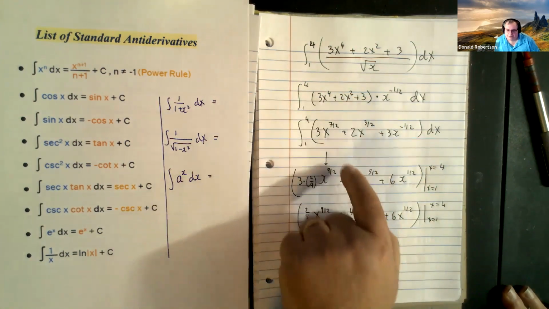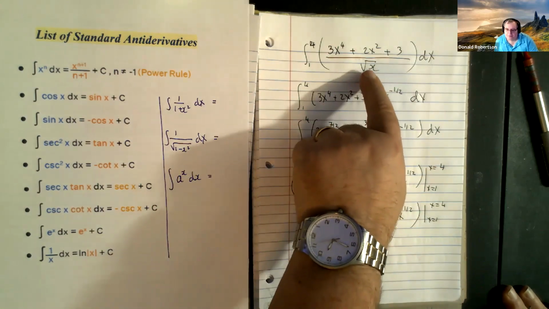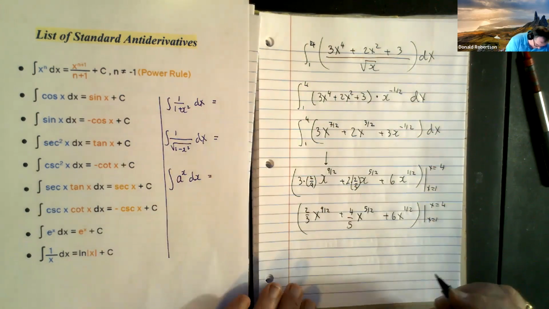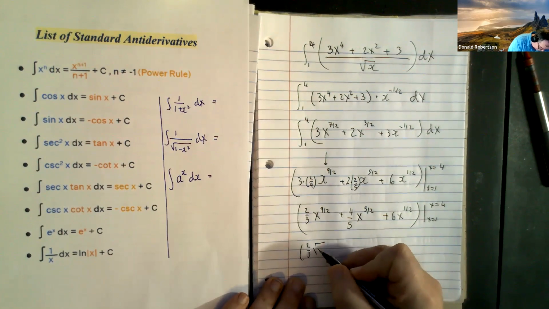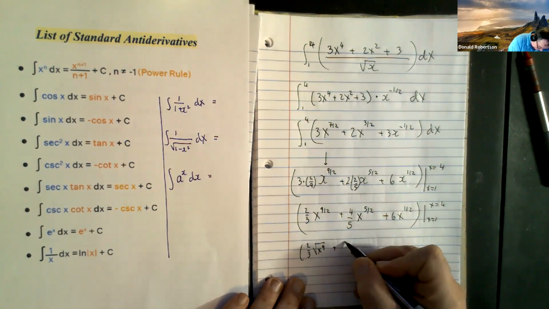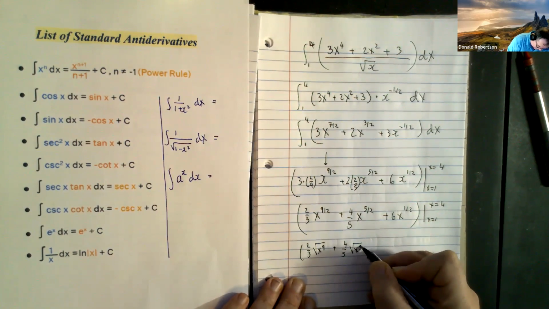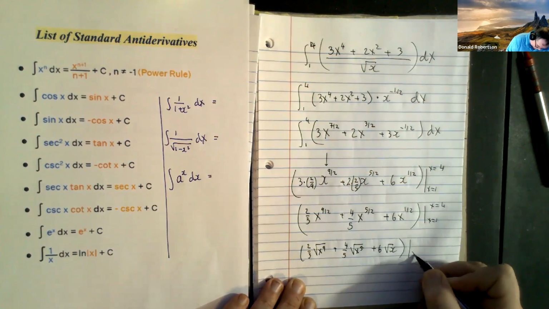Now I'm going to bring in style points. The question had a square root in it. This guy is now going to be 2/3 the square root of x to the 9. This guy is going to be 4/5 the square root of x to the 5. And this guy is going to be him.